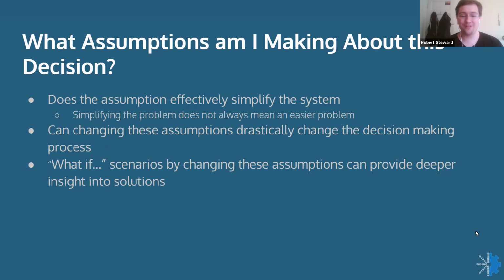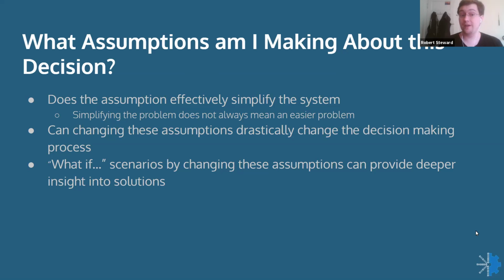For example, you can say, yeah, I know that I can use this assumption to simplify my problem in this way, but that doesn't necessarily make it easier. And so you want to make sure that you effectively simplify the system.